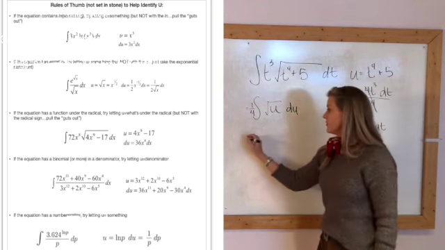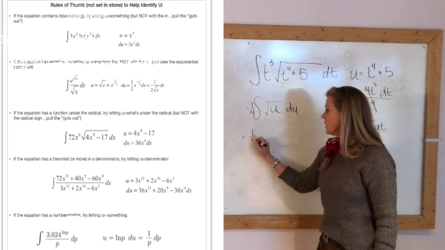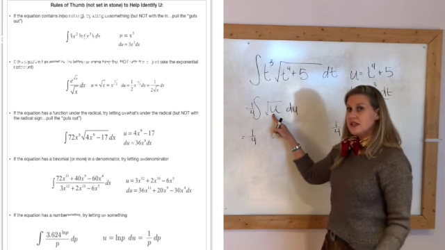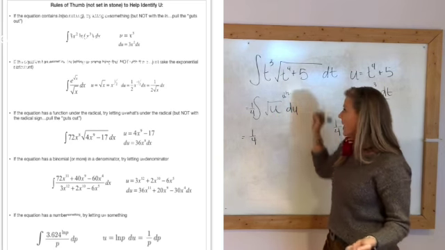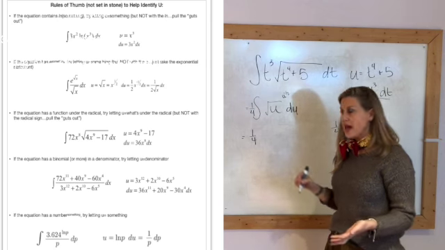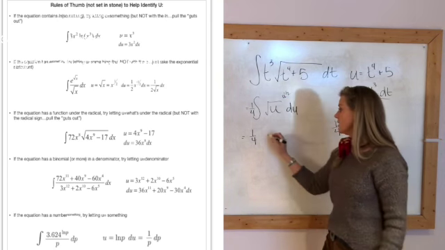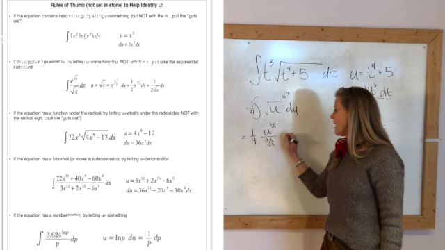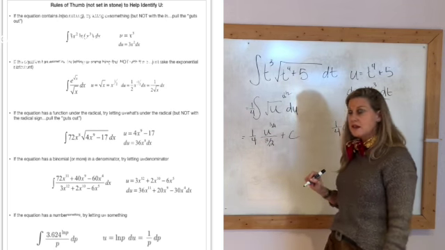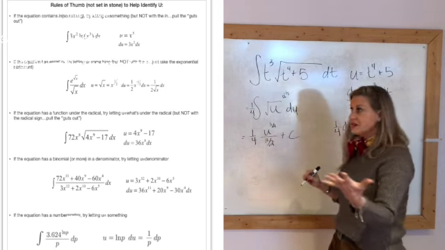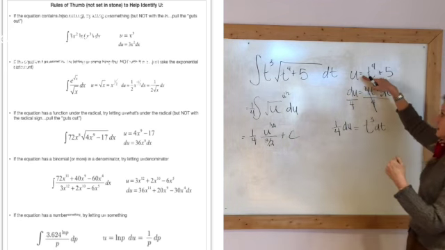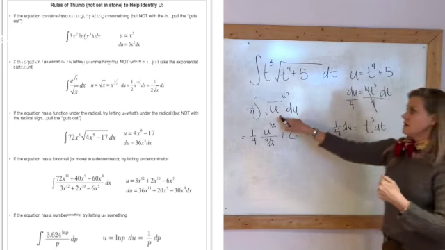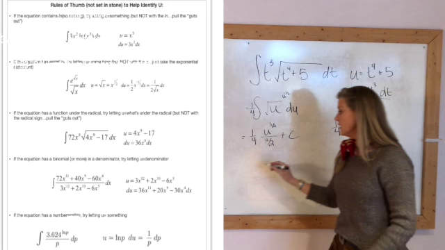Now I'm ready to antiderive. The constant comes along. This is really u to the 1/2, so it's where I add 1 to that exponent. U to the 3/2 over 3/2 plus c. And then step 5, there's step 1, there's step 2, 3, 4.